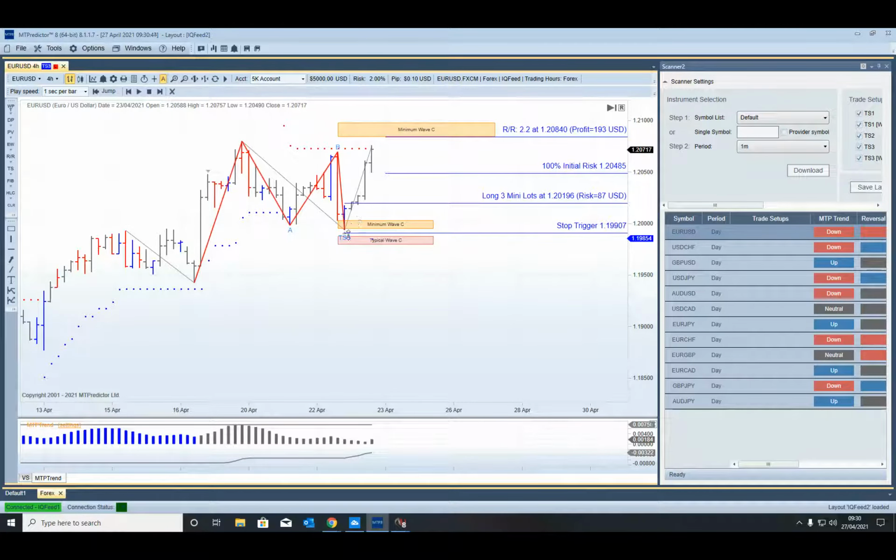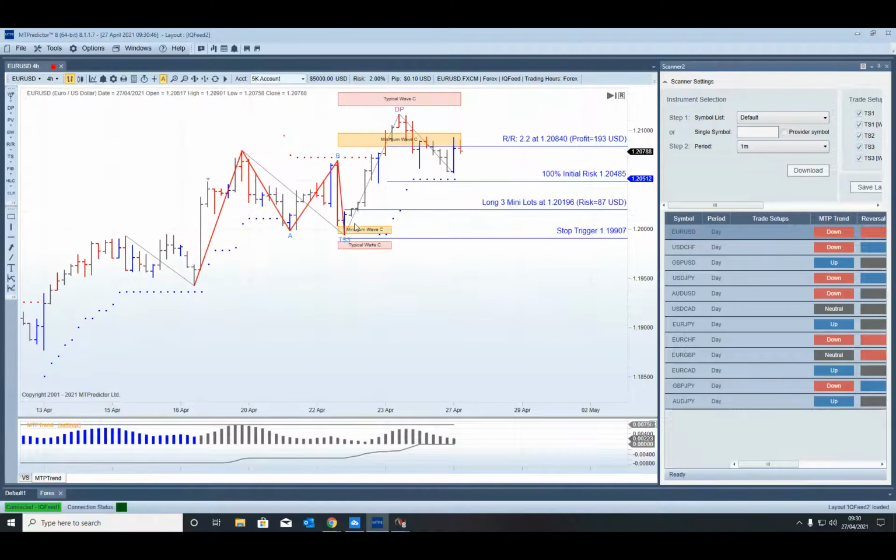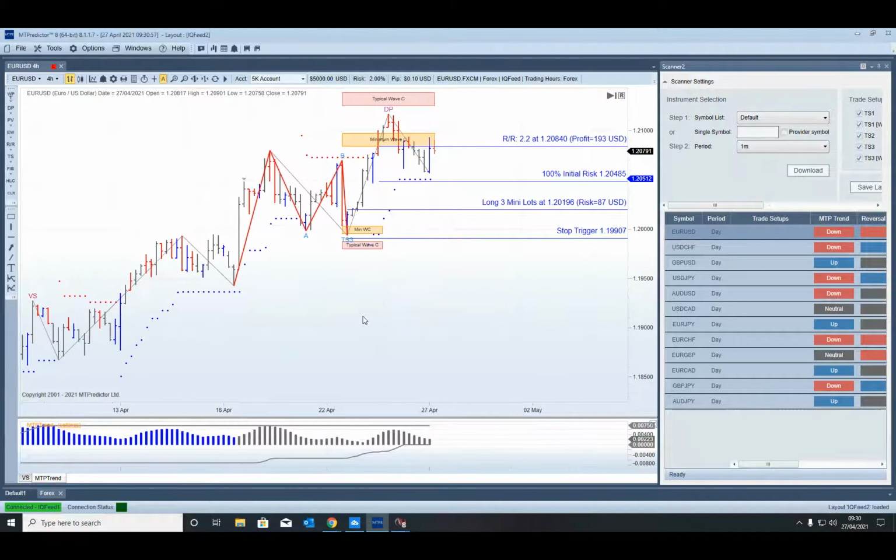So, we never want to hide anything. Of course, that was in the direction of the higher time frame uptrend. So that would give you a small profit of plus 2.2R at the first target. Our MTP trend was blue, not gray or red, because we wouldn't be looking for a red MTP trend. So that would have been a good one to take.